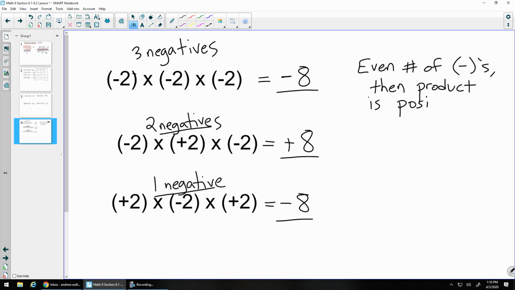So when we initially looked, when there were 2 negatives, a negative times a negative equals a positive. If you have an even number of negatives, the answer will always be positive. So if you had multiplied 4 negatives together, the answer is going to be positive.